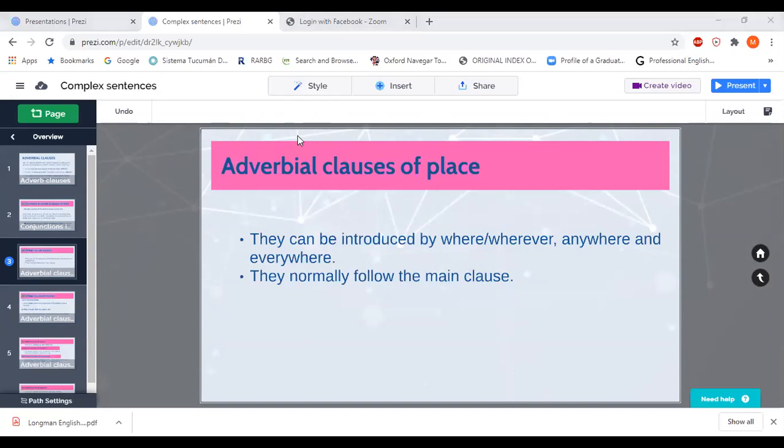Jimena, could you do it? Could it be something like, I was playing in the park? Okay, but we need an adverbial clause. In the park is an adverb, but that is not a clause because it doesn't have a subject and it doesn't have a finite verb.